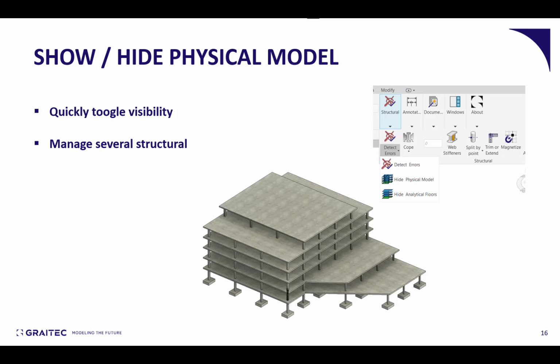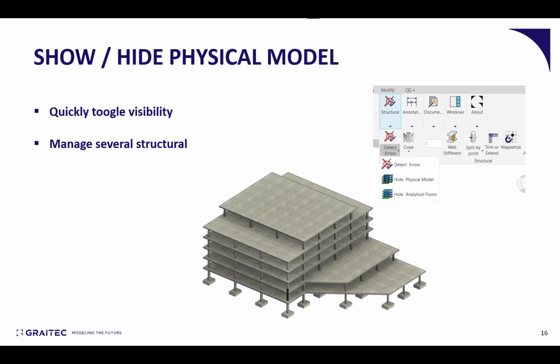First, a tool to quickly show and hide the physical model. Why this one? This is to avoid the user having to play with filters or manage the visibility of the view through some parameters in Revit. We know that there are some quick tools in Revit to switch the analytical model on and off, but when we want to toggle the visibility, it requires the user to play through several different parameters.